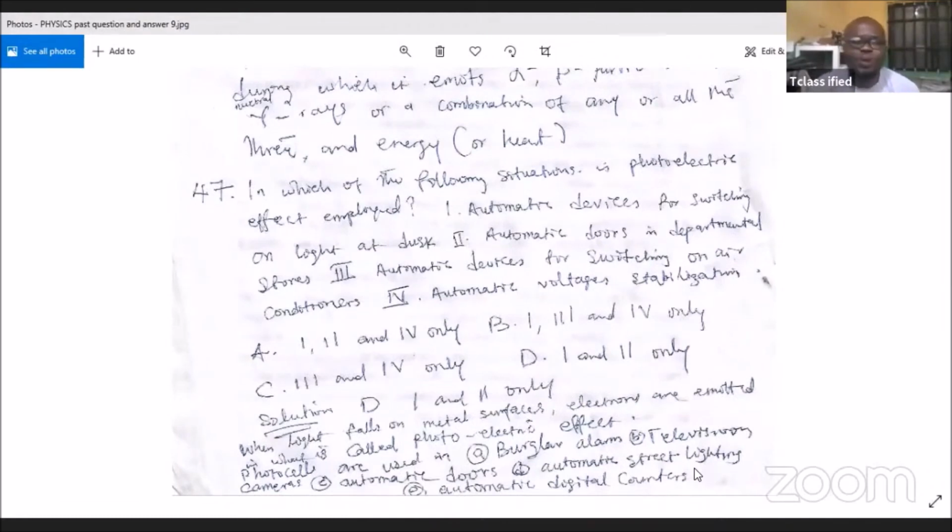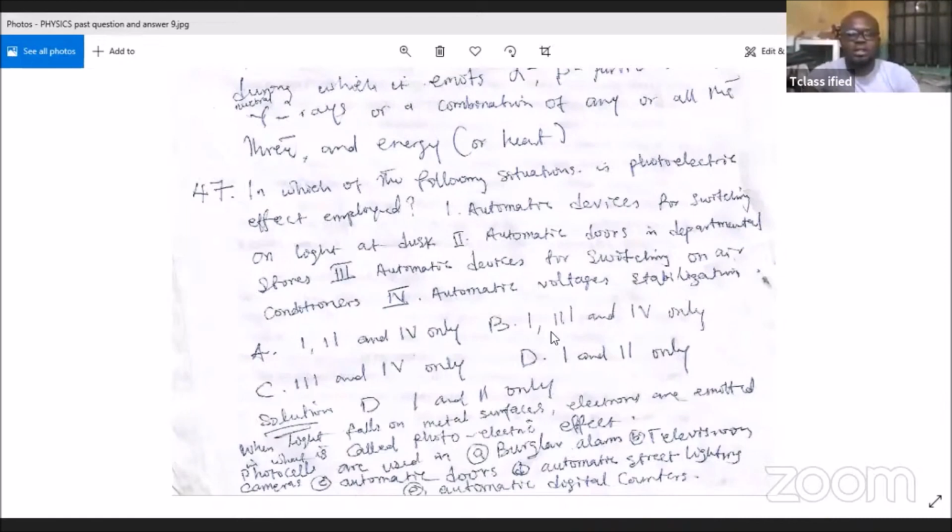And 4, automatic voltage stabilizers? We have A, 1, 2, and 4; B, 1, 3, and 4; C, 3 and 4; D, 1 and 2 only.